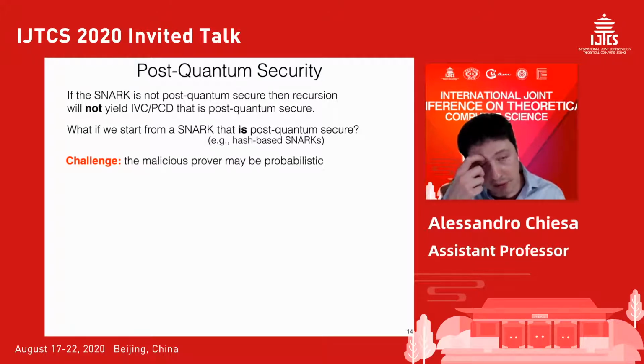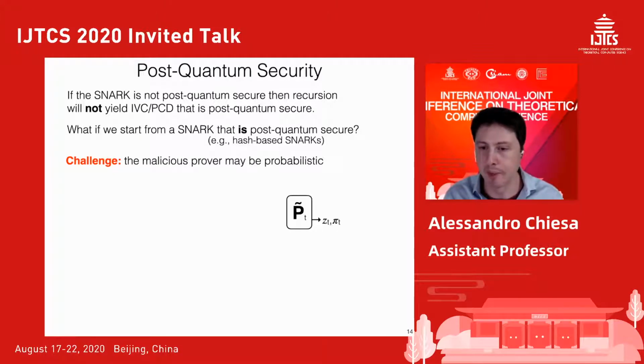So there are some subtle challenges here in the fact that the malicious prover may be probabilistic. So let me explain why the malicious prover being probabilistic actually is a challenge in security. So let's say that you have some malicious prover P_T that outputs the latest claimed output Z_T with some proof π_T.